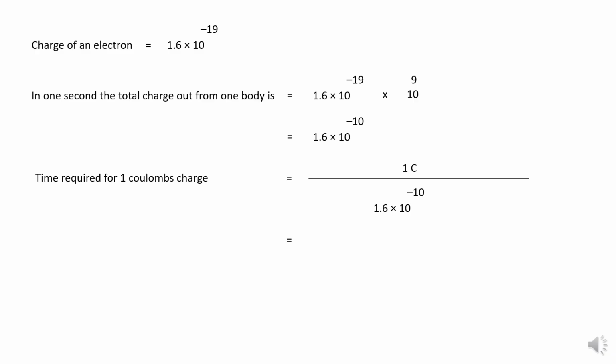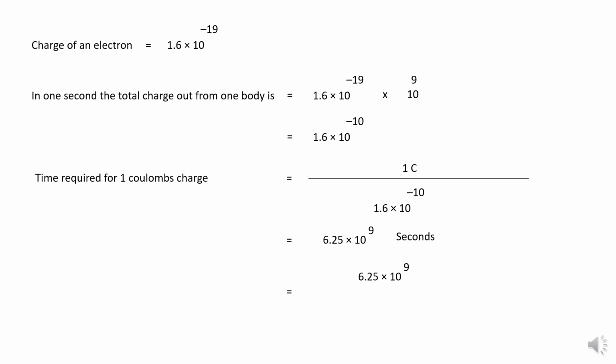So the total output is 6.25 into 10 raised to 9 seconds. In 6.25 into 10 raised to 9 seconds, the material will reach 1 coulomb charge.